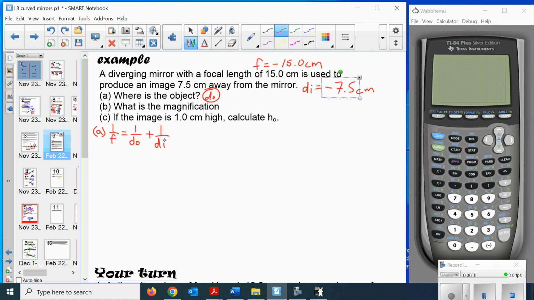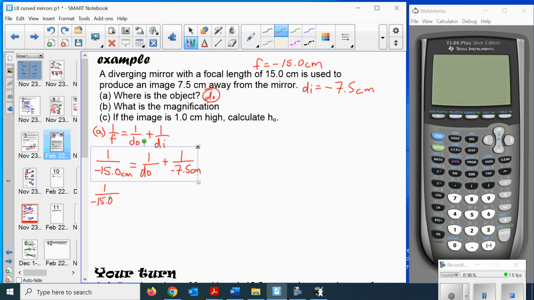So, 1 over f is 1 over negative 15, equals 1 over DO, that's what we're looking for, plus 1 over DI, which is 1 over negative 7.5. I'm going to use a calculator, of course. I'm going to go with 1 over, I'm going to drop the centimeters.